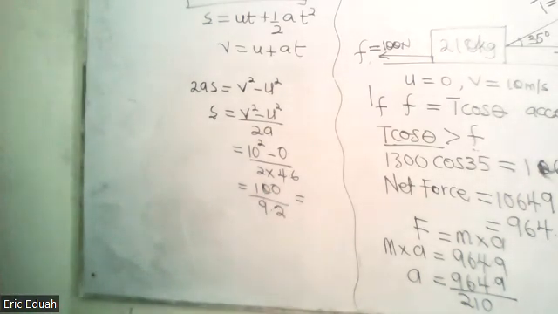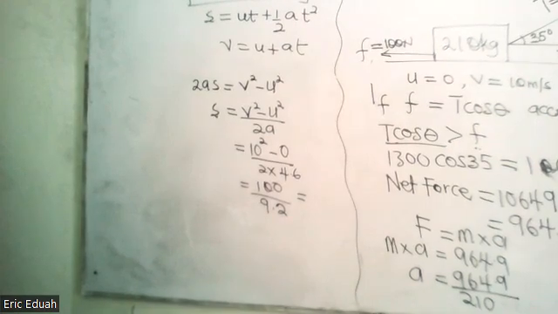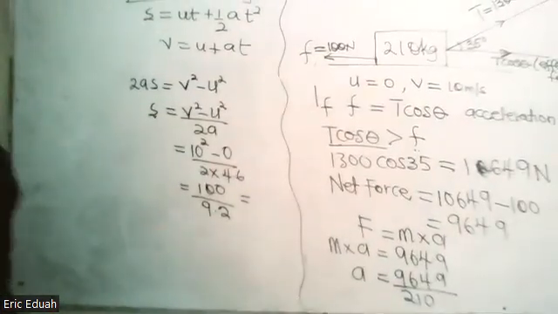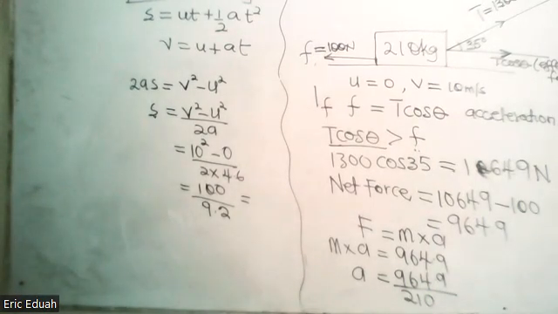So 100 divided by 9.2 is 11 point... Okay, so 10.87.